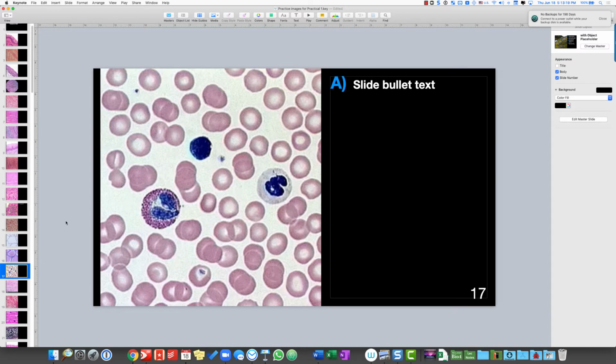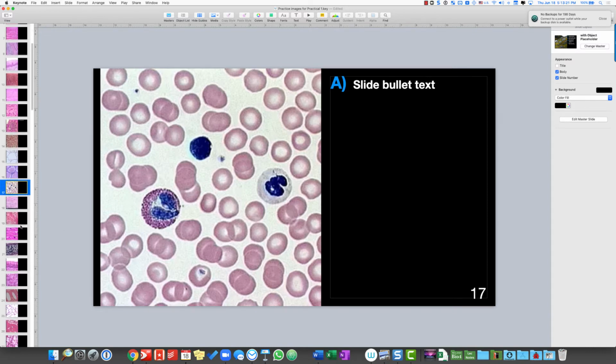This one is blood. I don't have too many blood slides in here because I don't require you to know much besides being able to identify white blood cells, leukocytes, versus erythrocytes, which are red blood cells. And in the next unit, we'll talk about specific types of white blood cells.